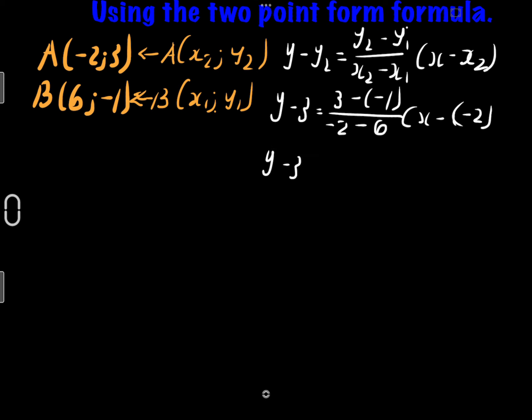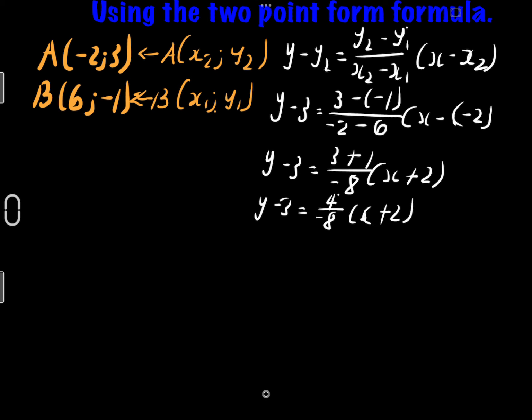So y minus 3 is equal to 3, negative times negative gives us positive, so we have +1 there, over -2 minus 6 gives us -8, multiplied by x, negative times negative gives us positive, so we have +2. y minus 3 is equal to 3 plus 1 gives us 4 over -8, multiplied by x plus 2.